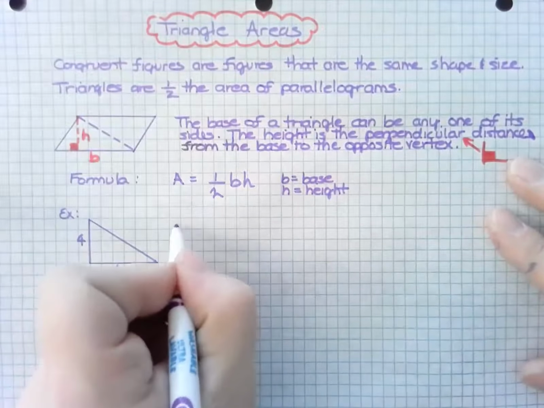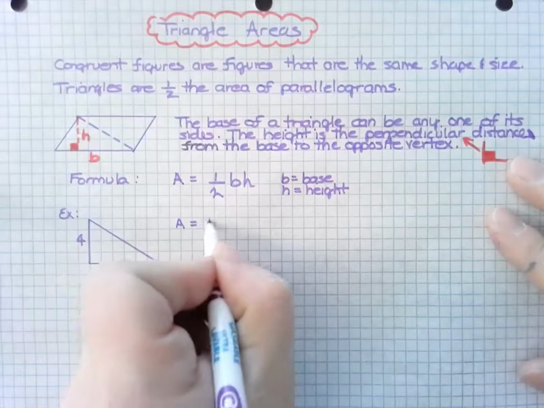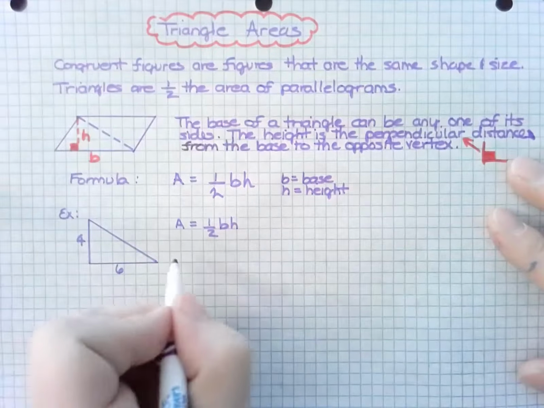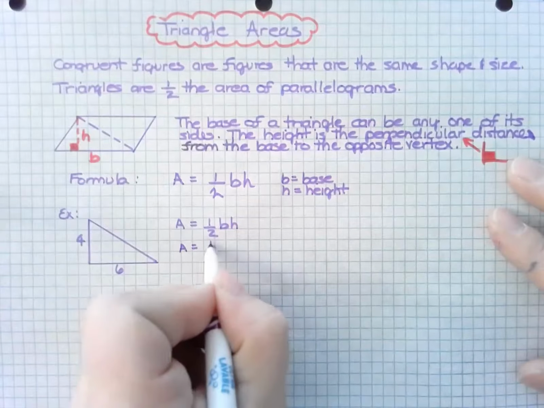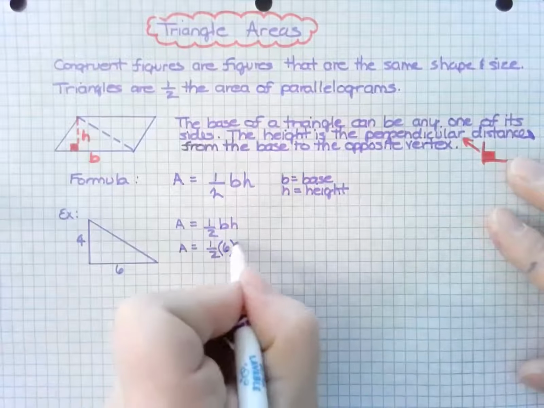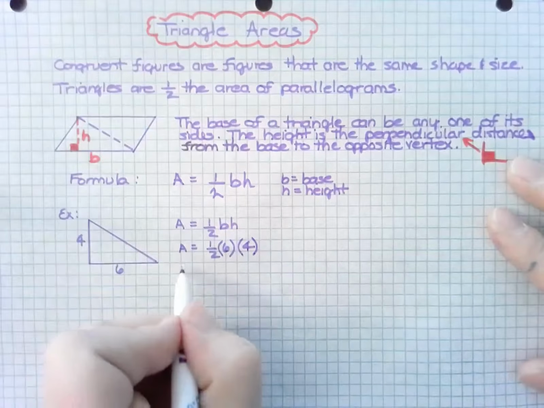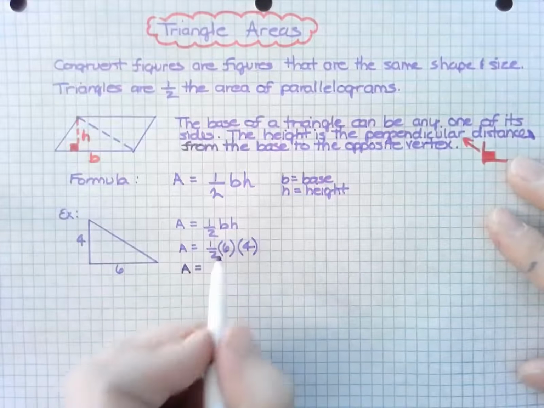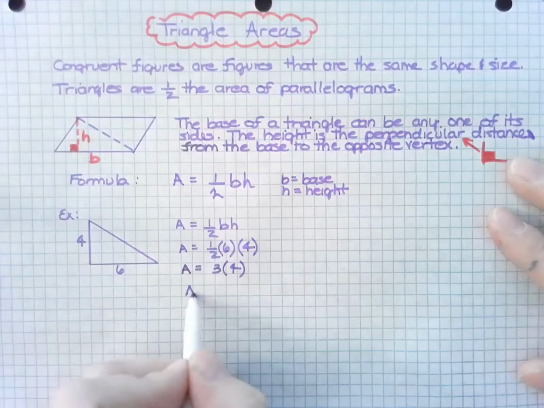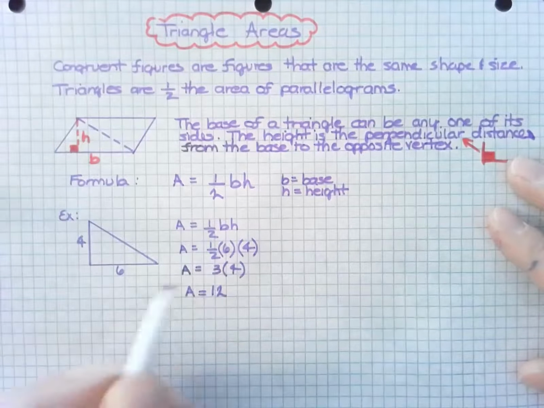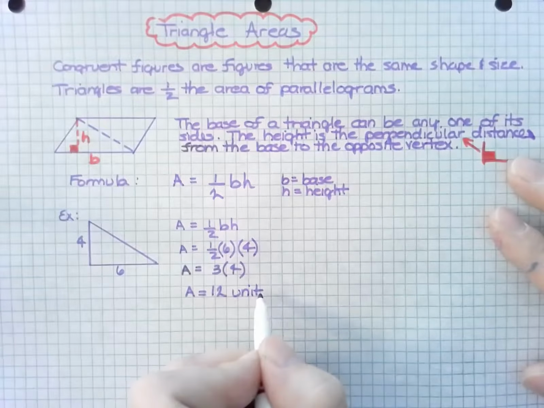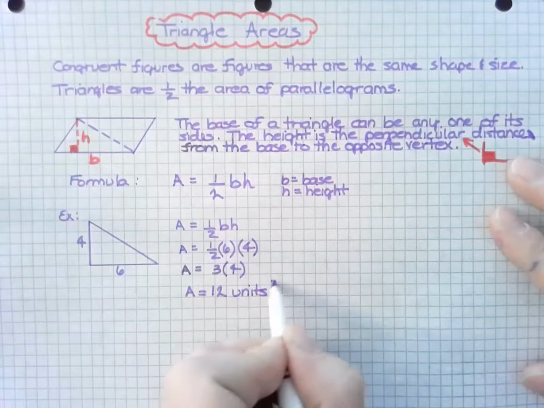So we can apply our area formula, area equals 1/2 base times height, and plug in the values we know. So area is equal to 1/2, the base is 6, and the height is 4. And I can simplify. Area equals 1/2 of 6 is 3 times 4, and so area is equal to 12. If I don't have units, I can write units, and because we're talking about area, 2 dimensions, it's squared.